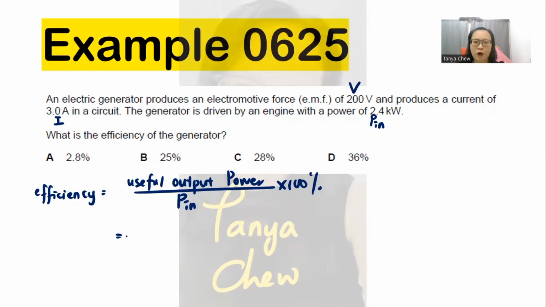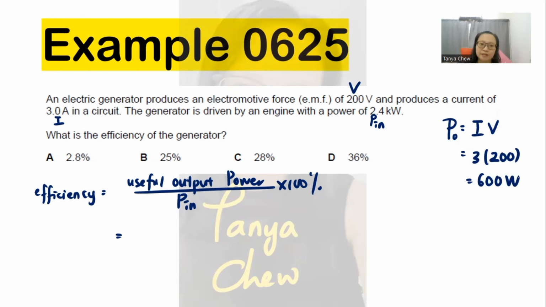So what is the useful output power? Remember, one of the equations of power, which is related to electrical power, is P equals IV. So this is my output power. I is 3 and V is 200. Therefore I get 600 watt as my useful output power. Just sub it in: 600 watt over 2.4 kilowatt.